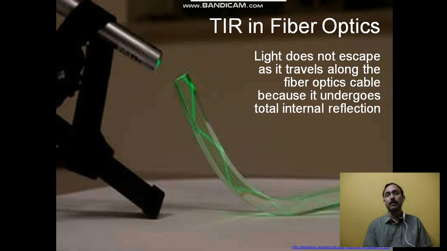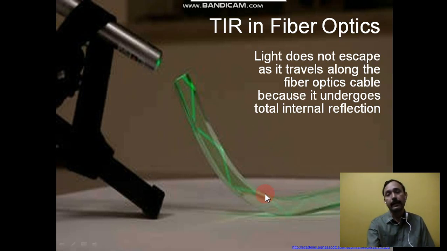Another picture of total internal reflection in fiber optics, we have taken it from eacademy.agnes.edu. Light does not escape as it travels along the fiber optics cable because it undergoes total internal reflection.